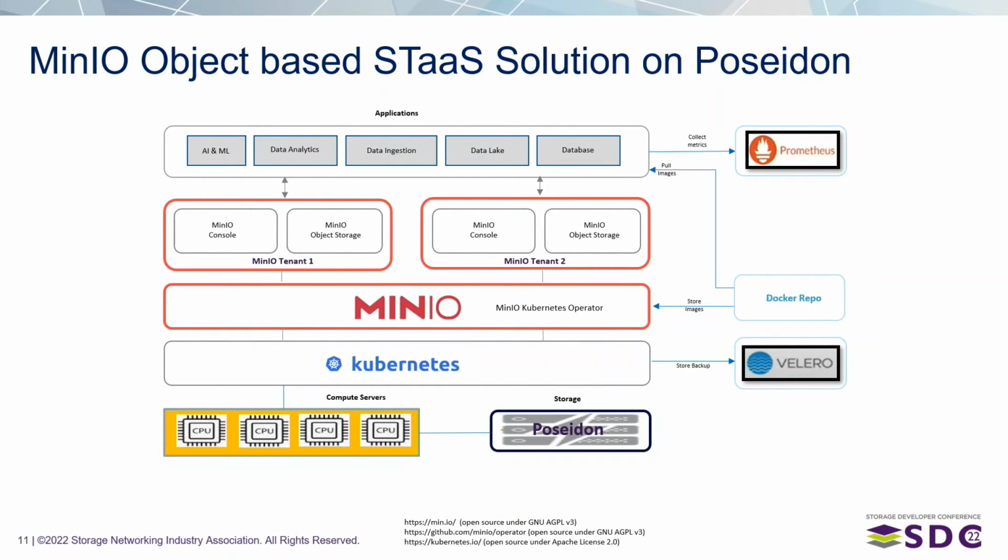So this is a diagram. This diagram here presents the deployment of our multi-tenant STaaS solution with Minio object storage. Let's go from the bottom. So the backend storage is configured as Poseidon target. The Poseidon volumes are mapped to the Kubernetes nodes and are presented as direct attached storage devices to Kubernetes.